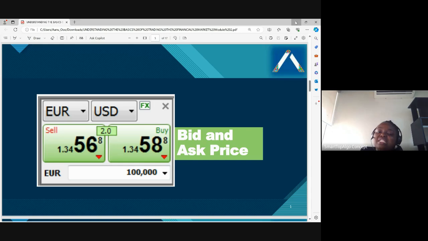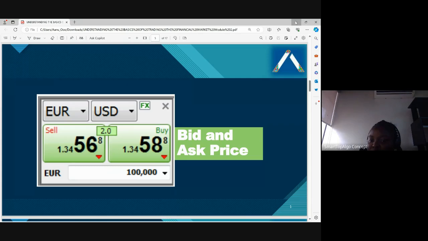Any currency that is quoted with JPY, their prices are always different. So if you have a currency quoted with JPY, you will notice that the pip is always the 2nd digit after the decimal.